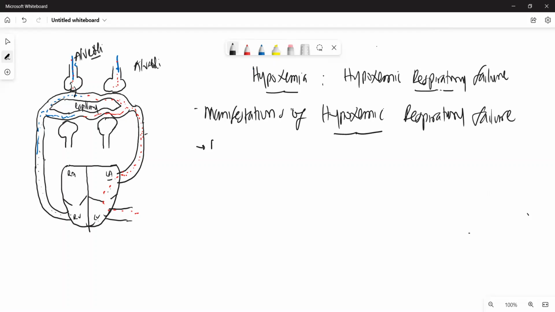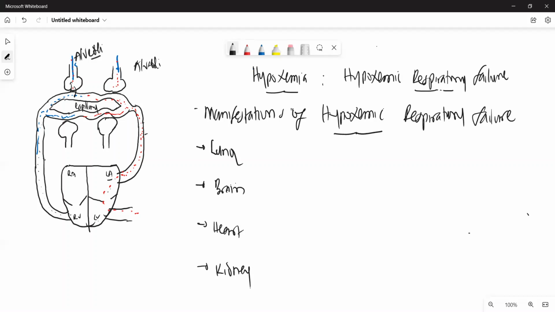So how is it going to affect the lungs? How is it going to affect the brain? How is it going to affect the heart? And how is it going to affect the kidney? Of course, these are major organs in the body, although there are other organs. But most of the time, our patients normally manifest with these 4 major organs, right?